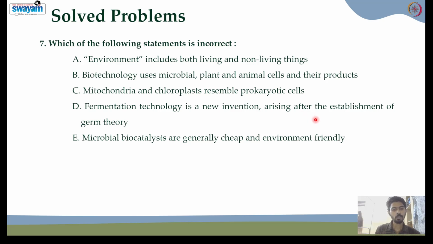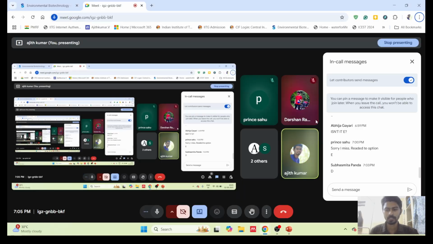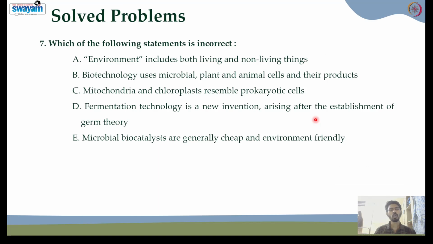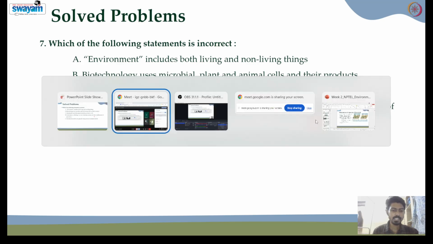Option E, microbial biocatalysts are generally cheap and environmentally friendly. So which of the following statements is incorrect, which is false among the five statements?